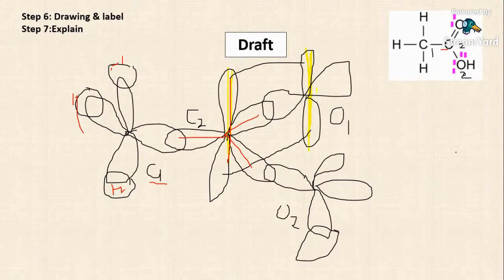Parallel overlap. And then next is the hydroxyl group, OH. So this is the O2, and then the hydrogen atom. If you draw like this, nothing is wrong, it is correct, but you will overlap and touch the other orbitals.